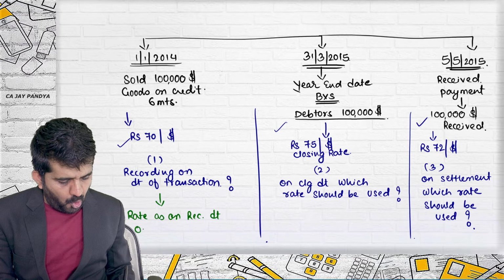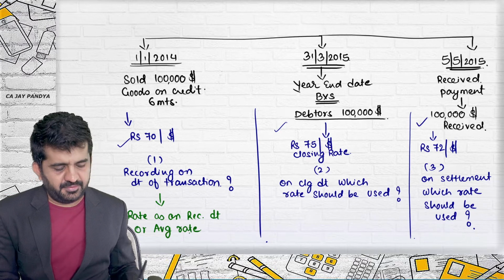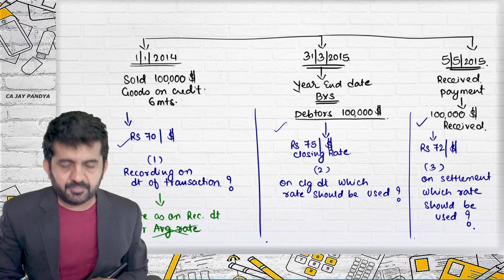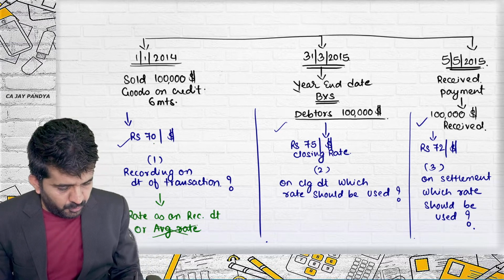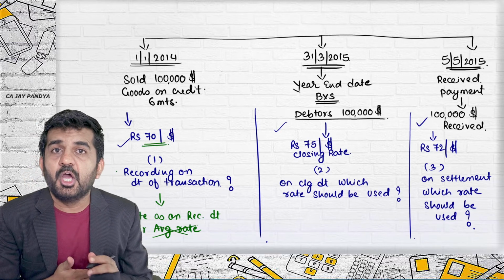Sorry. Or average rate. What is average rate? Right now, forget it. So which rate we should use? We should use 70 rupees per dollar.